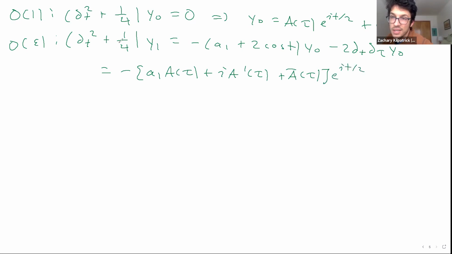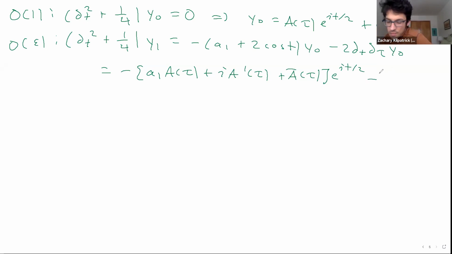And that's going to be a secular term because it's going to apply a resonant forcing to y1. So even though we have these periodic coefficients, they can serve to provide forcing as we climb the hierarchy of epsilon powers.